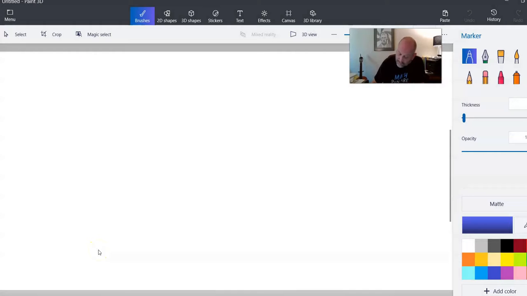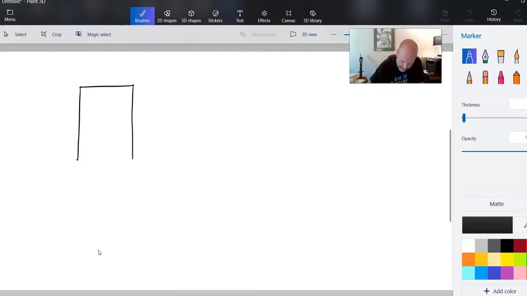So first of all, let's remind ourselves how to find the area of a rectangle. If I have a rectangle, I have a length and a width. Normally area is length times width, sometimes width times length. It doesn't matter which order you write them in because it's multiplication.